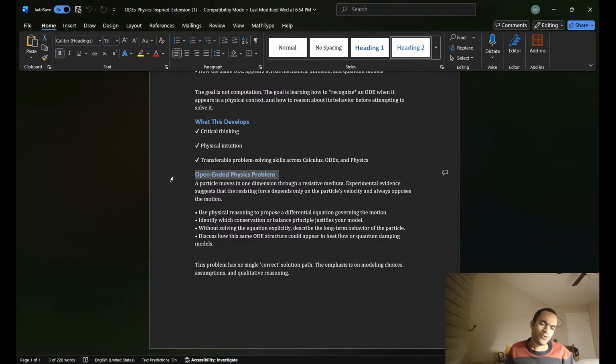Okay. Now it helps if you've taken some type of physics background here, right? Because we're talking about forces. Okay. So you can see that the particle moves in one dimension through a resistive medium. Okay. And we want to suggest that the resisting force depends only on the particle's velocity and always opposes the motion.